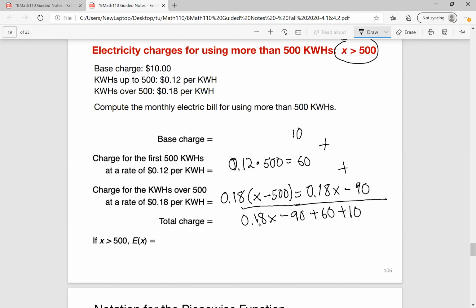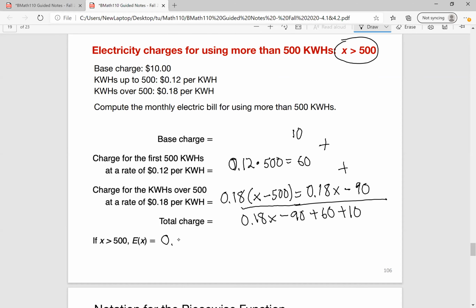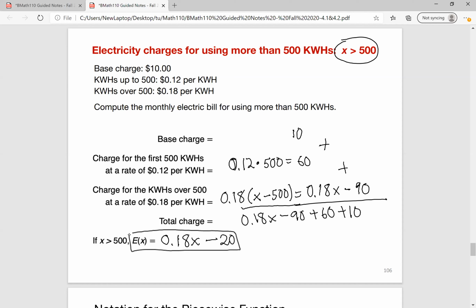So then you will have 0.18x, and negative 90 plus 60 plus 10 will be negative 20. So this should be the equation that you have to pay for x kilowatts greater than 500.